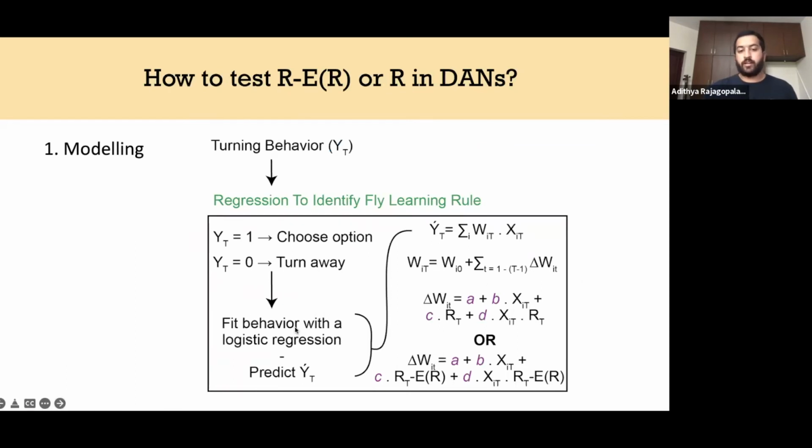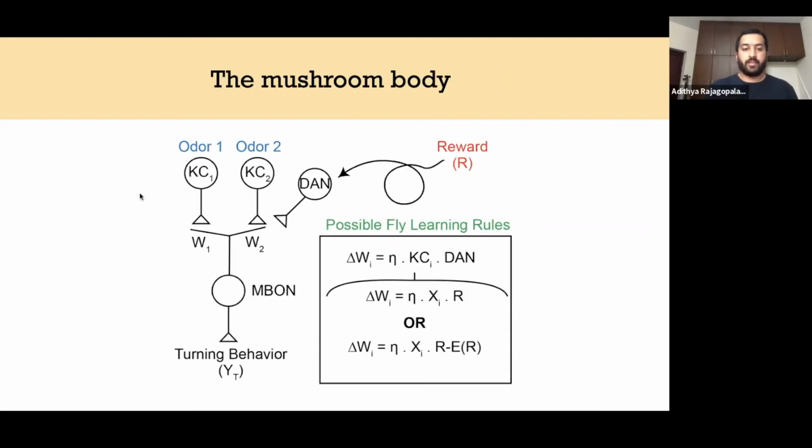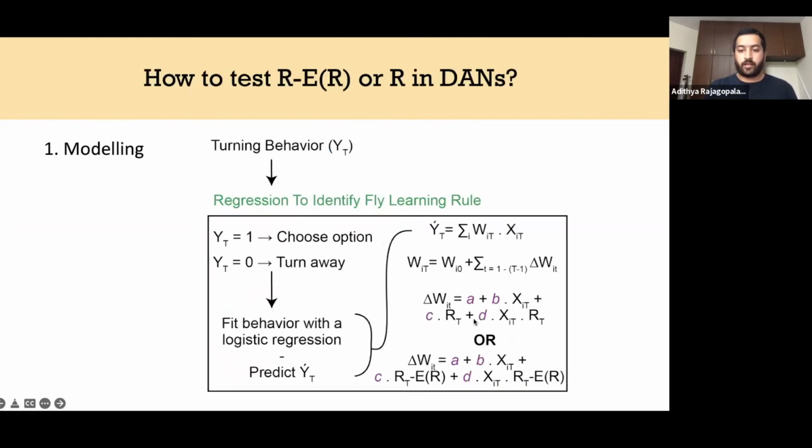We tried to design a regression model that mimicked this mushroom body circuitry and the learning rules that we currently know exist at the mushroom body circuit, to see if we could figure out what was important in predicting behavior.